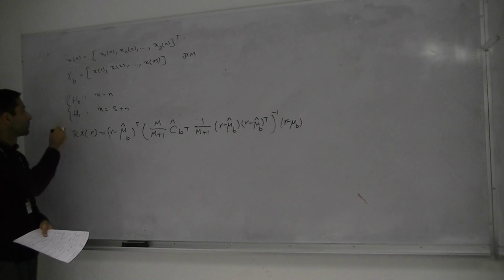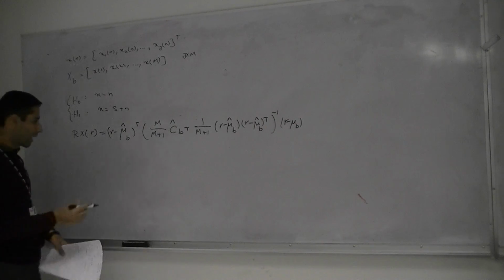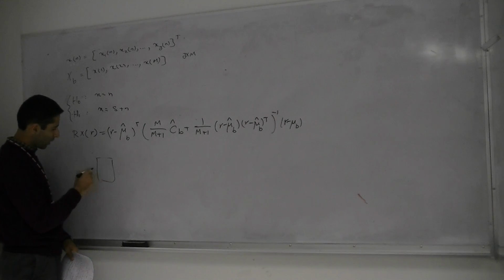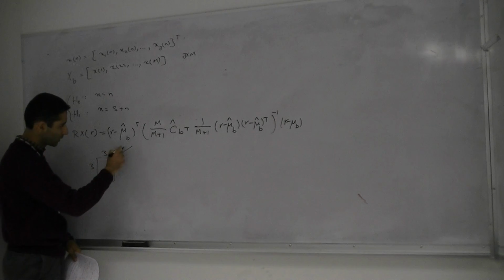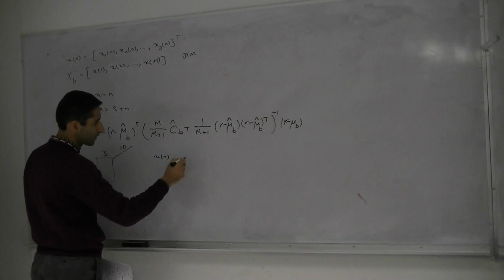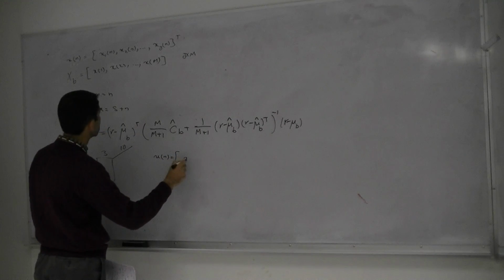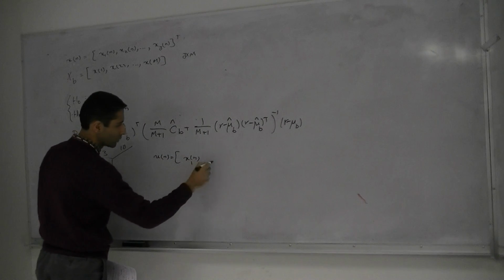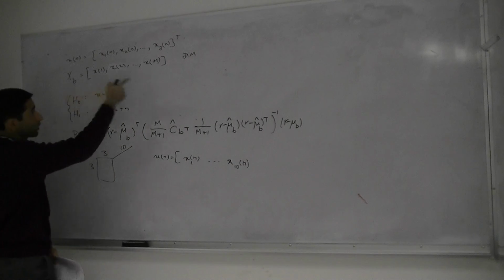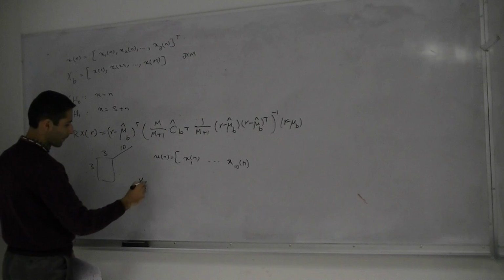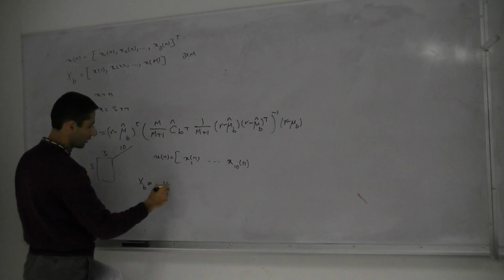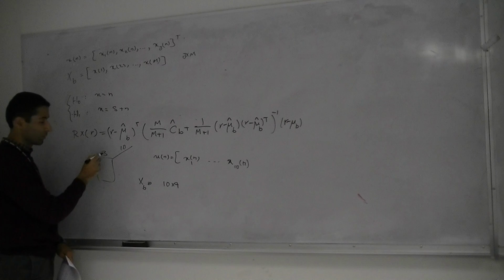So, for example, your image size is maybe 3 by 3. Then n equals 9, right? Yes, and if you have a hyperspectral image 3 by 3 and the spectrum is 10, x_n is x_1n to x_10n, and the size of x_b is 10 by 9, because it's 3 by 3.